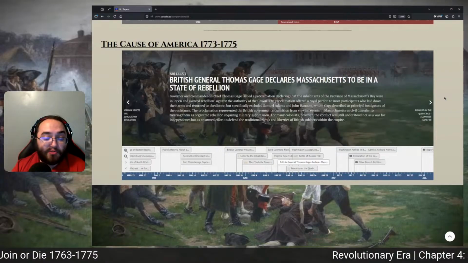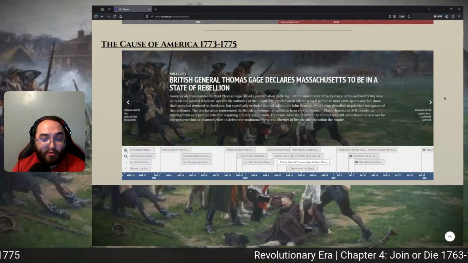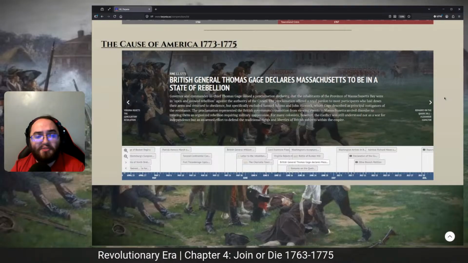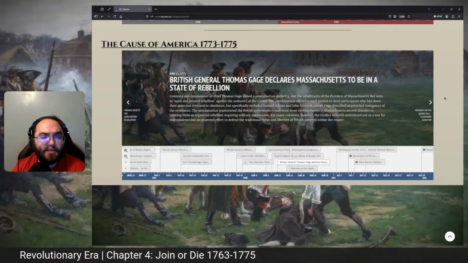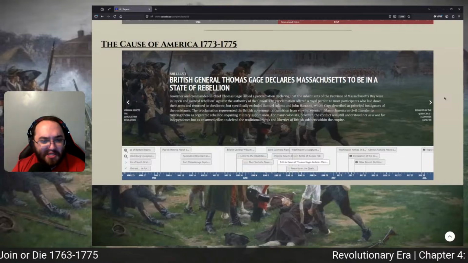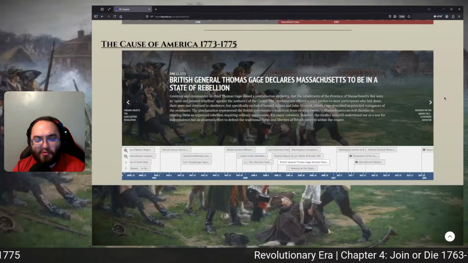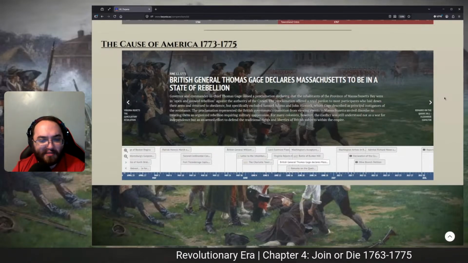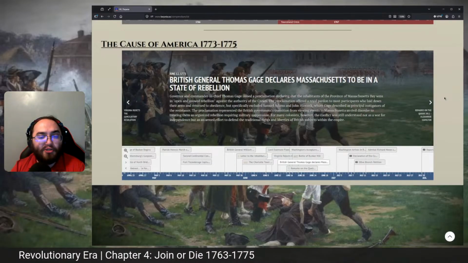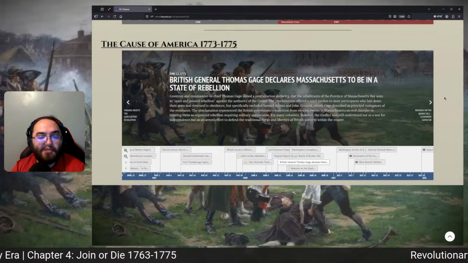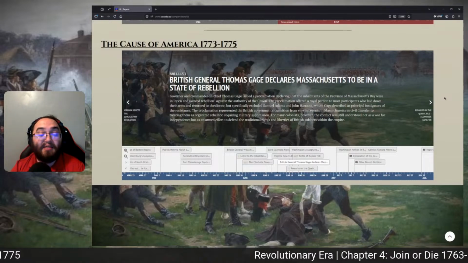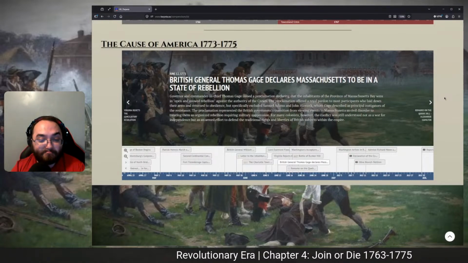The conciliatory resolution is the resolution passed by Parliament, trying to be a peaceful reconciliation with the colonies, by allowing very nominal representation of the colonies and not addressing any of the actual complaints and grievances that the colonists had. And then you have British General Thomas Gage declares Massachusetts to be in a state of rebellion.